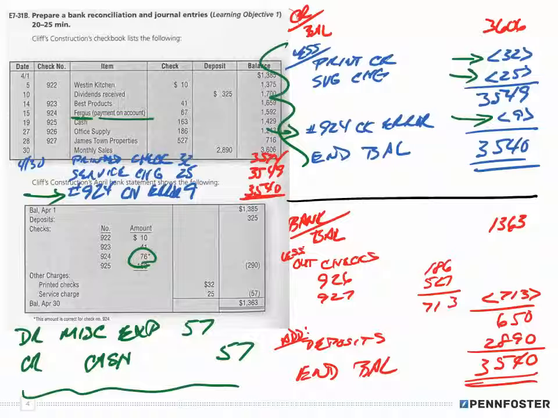Going forward, I'll show one bank rec, and then what happens when you go to the next bank rec and you still have the outstanding items to look out for. But if you didn't get all of this, go ahead and rewatch the video a couple times, watch the theory videos, and if you still don't get it, feel free to contact an instructor. All right, and I'll see you in the next video for the next problem.